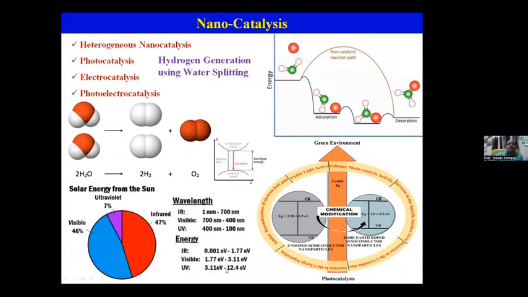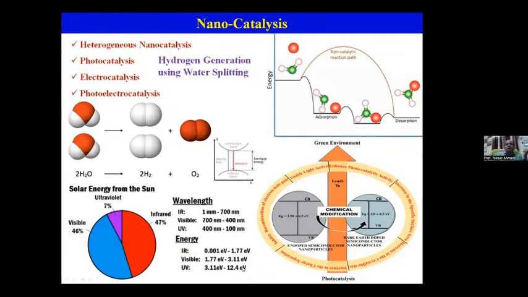So the optical band gap is from 1.8 electron volt to 3.2 electron volt. If we are able to split water with the help of visible light, meaning the nanocatalyst has the optical band gap in the visible region, then this method is highly feasible and cost effective.